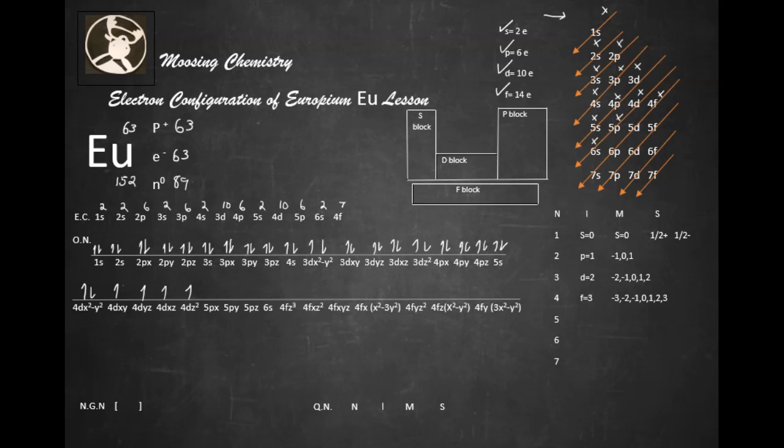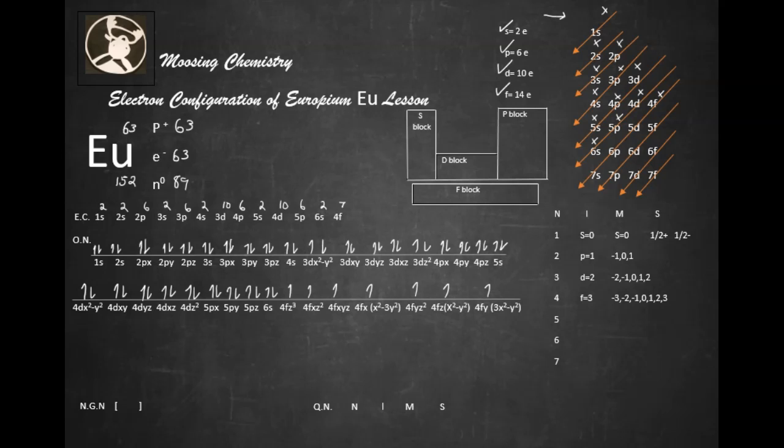Then 6, 7, 8, 9, and 10. Now 5p6: 1, 2, 3, 4, 5, 6. 6s up and down. Now we have 7 left. So we go 1, 2, 3, 4, 5, 6, 7. Okay, and that's it for Hund's rule.